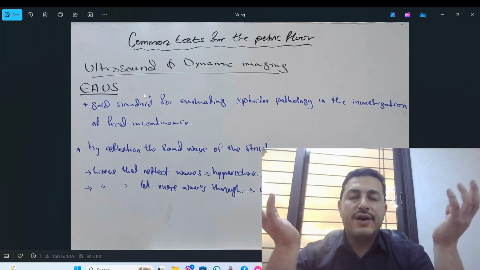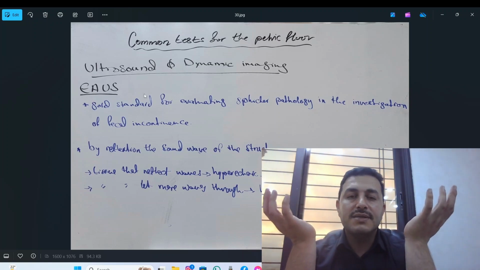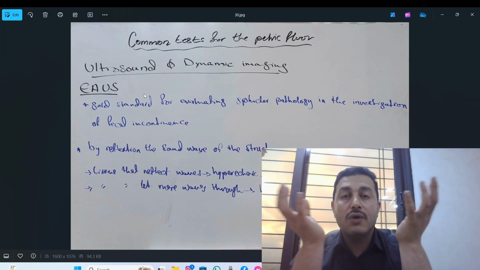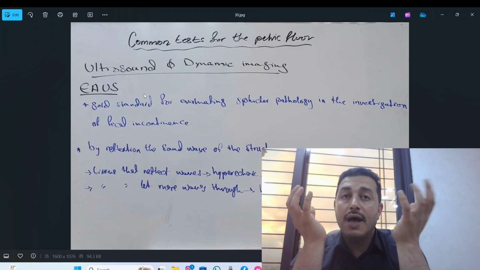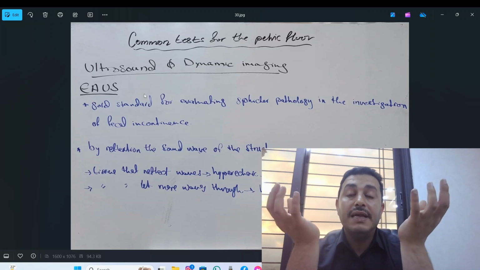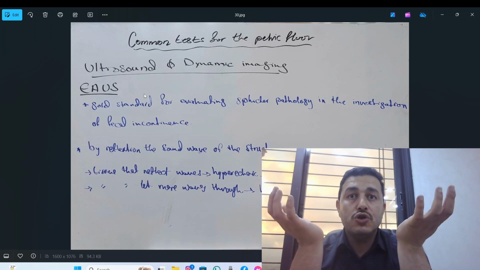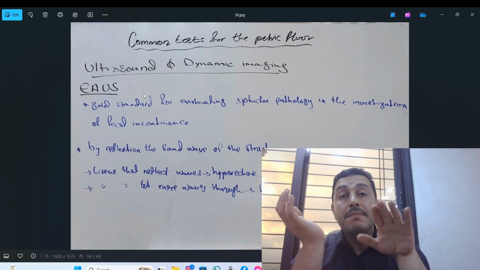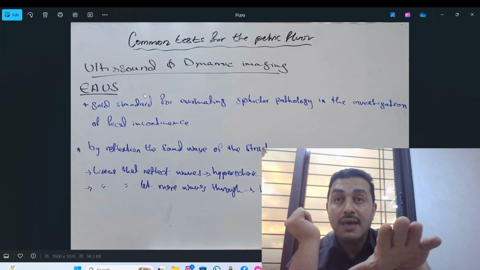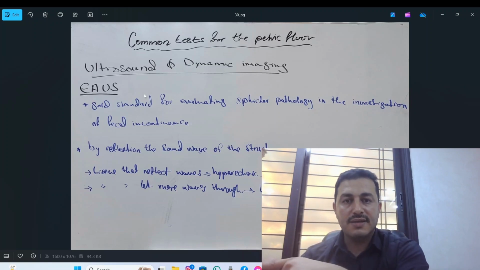Actually, from the general radiology information we have, how structures look depends on the tissue's ability to reflect the sound. The more water in the tissue, the more it permits the wave to come through, so it looks more black, hypoechoic, like the internal anal sphincter.